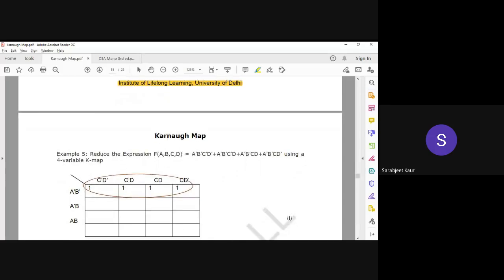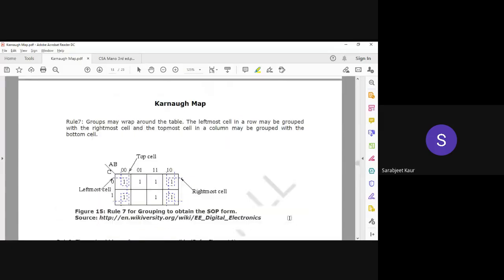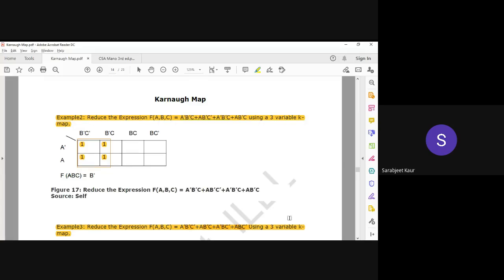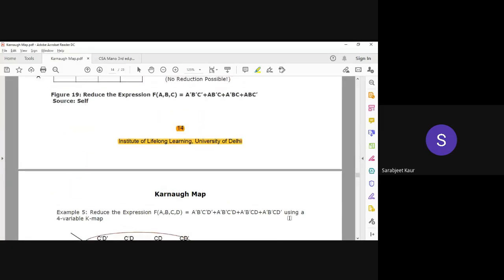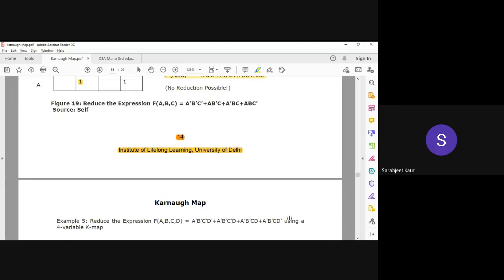Now, this is a 4 variable Karnaugh map. Please draw a 4 variable Karnaugh map. Have you drawn?